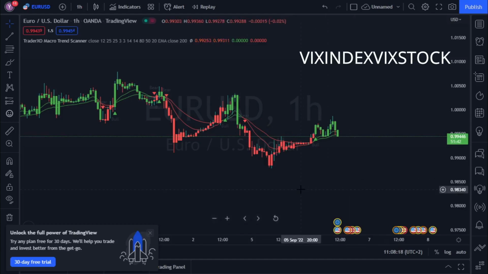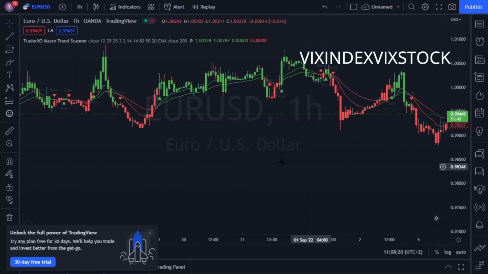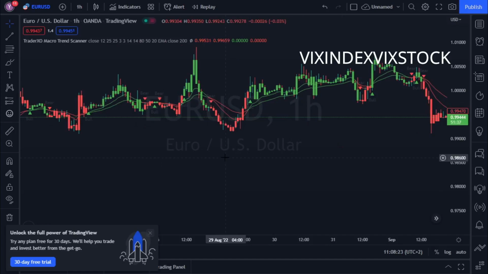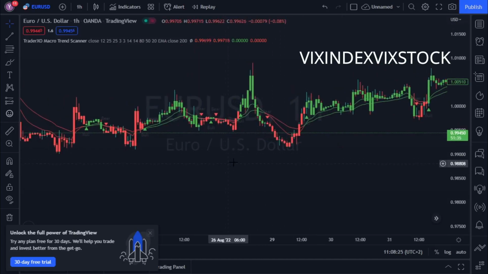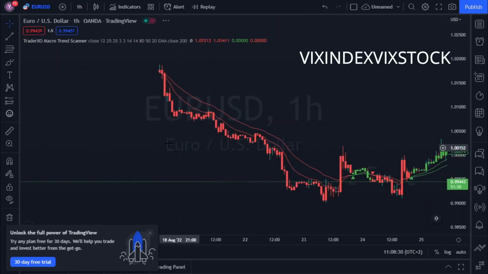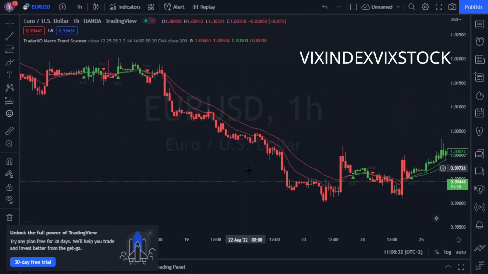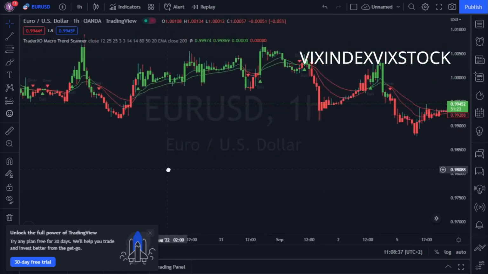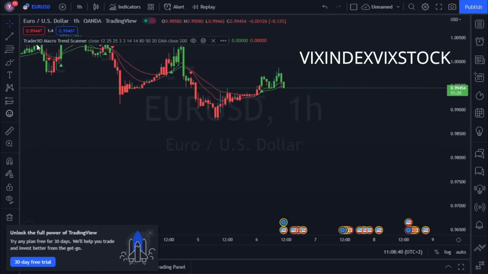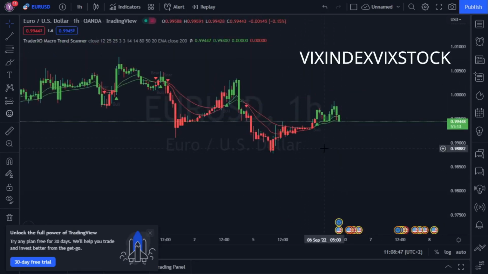Even with the default settings, even by itself, you have an idea of what's happening, what's taking place here, what you should be doing, and what you should not be doing. So it's called the Trader Exo Macro Trend Scanner for people who are asking. We're just going to basically dabble with the default settings.